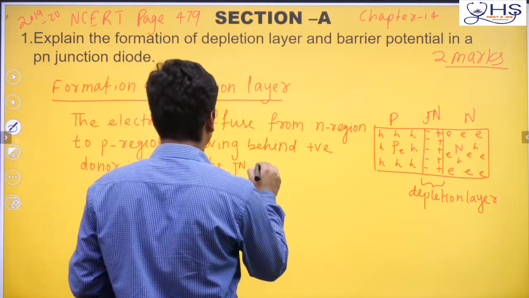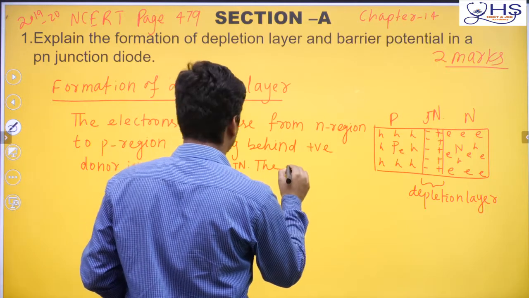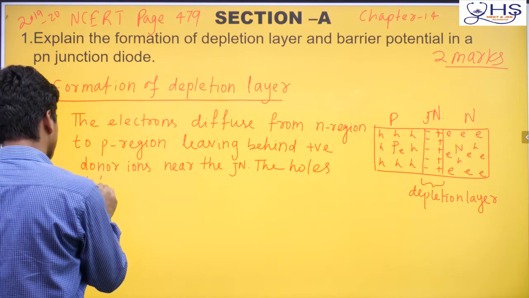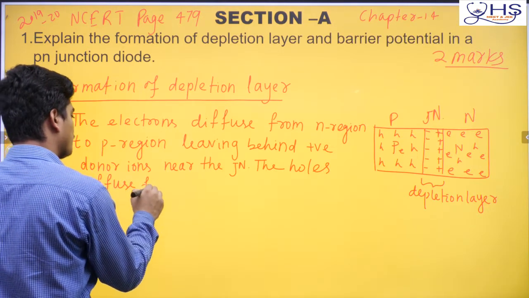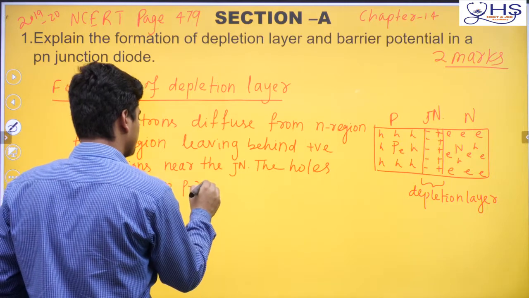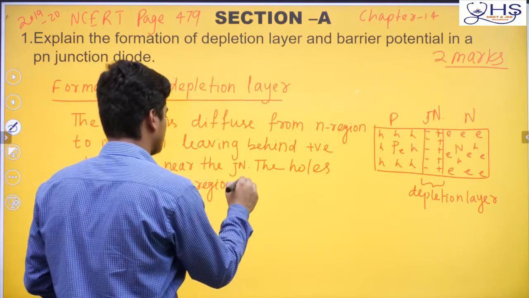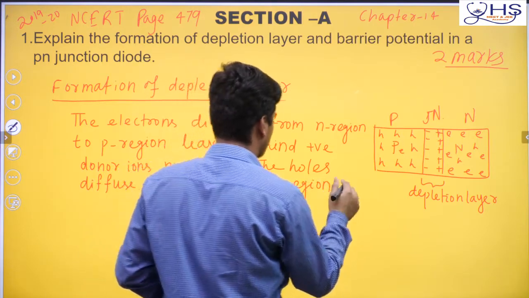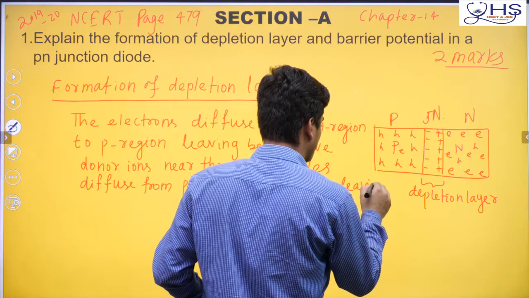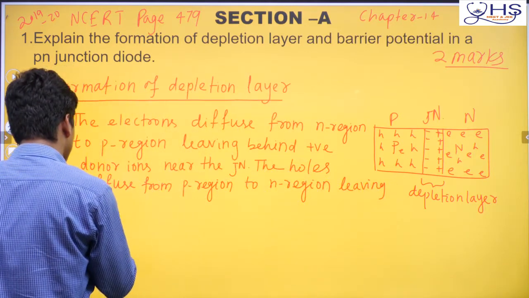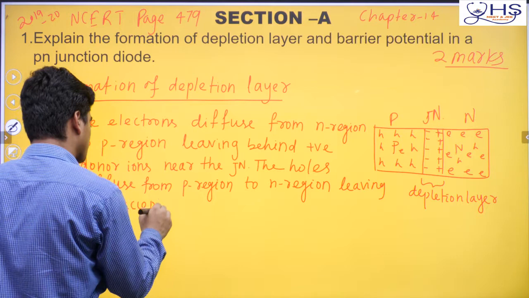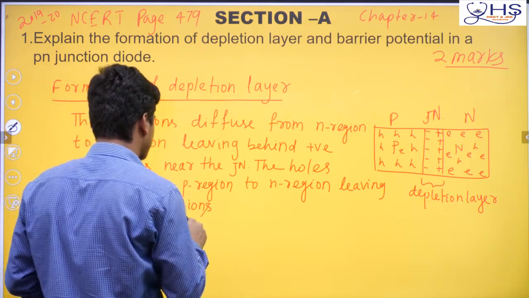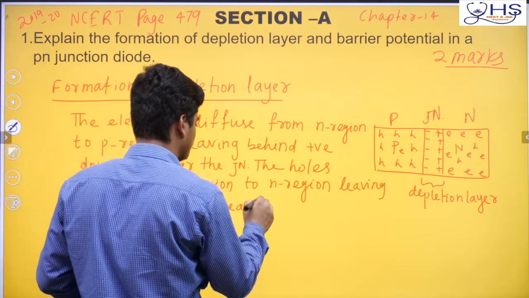Now, full stop, next you give: the holes diffuse from the p region to the n region, leaving behind negative acceptor impurity ions near the junction.